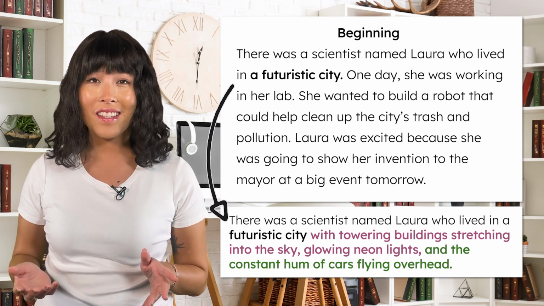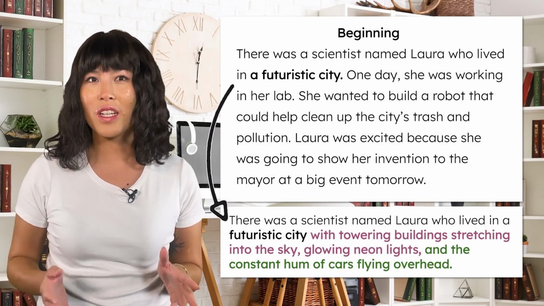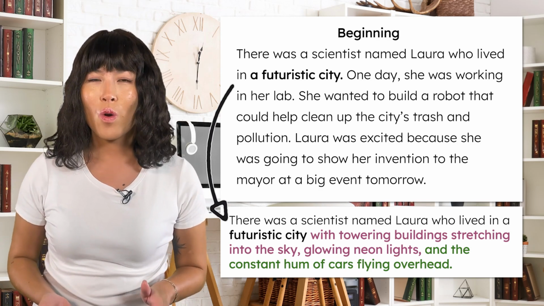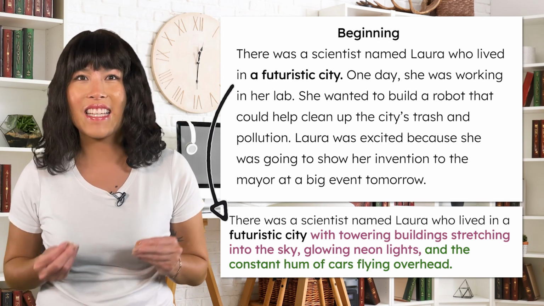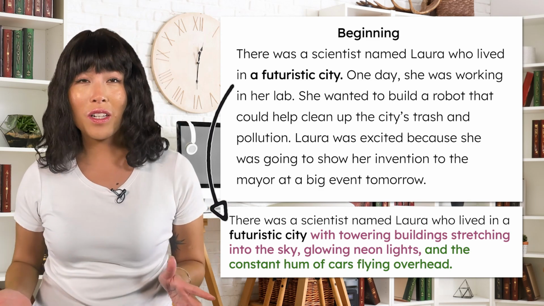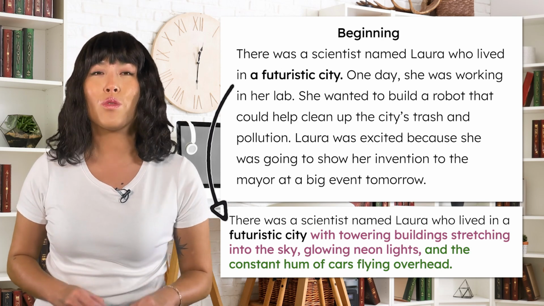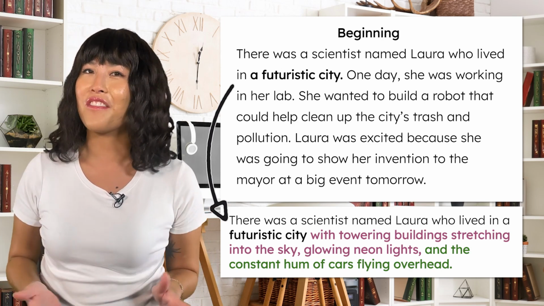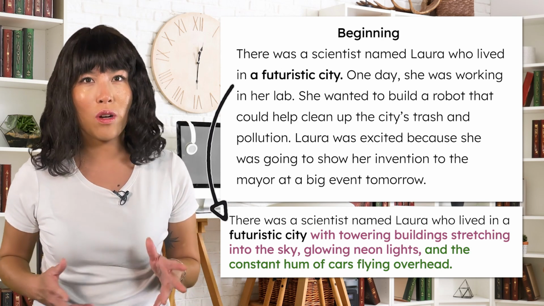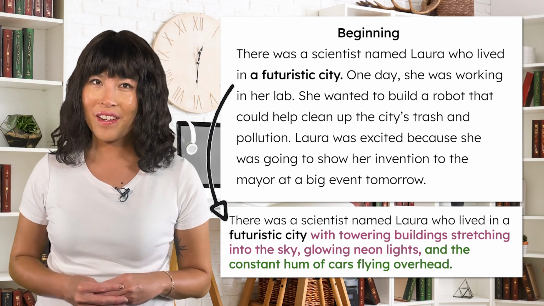Do you see the difference? With just a few added details, we're not just telling the reader where Laura lives, we're helping them see it and hear it like they're right there with her. It's great to include a mix of sensory details, but that doesn't mean you need to use all 5 senses every time. You can start by brainstorming a bunch of ideas, like we did at the beginning of our story writing.